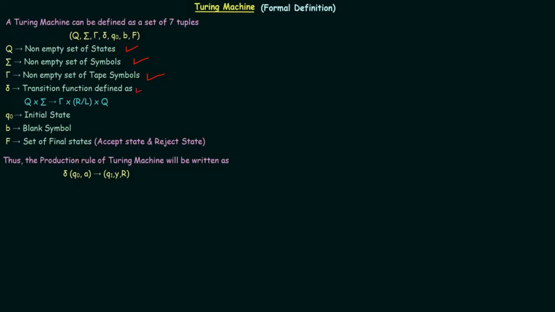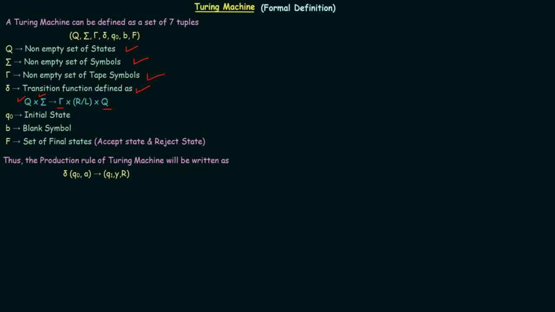So this transition function, how is it going to work? You are going to have a particular state and a particular symbol. Upon applying that symbol on that state, we can move to right or left on the tape, that means wherever the tape head is currently located, and go to the new state, that will be q.